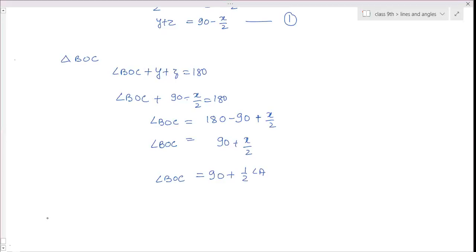Now next question. Write down. In triangle ABC, sides AB and AC are produced to points D and E respectively.